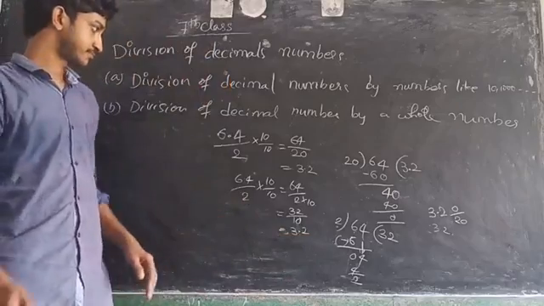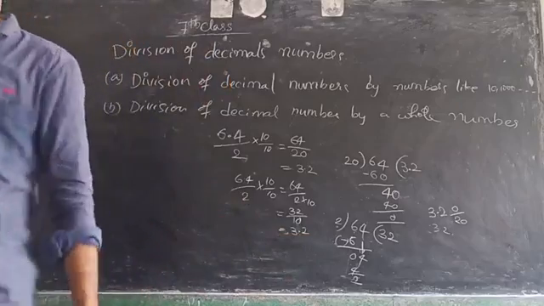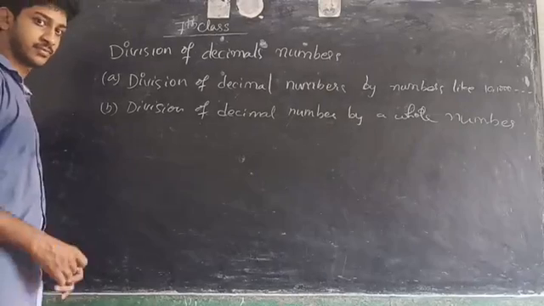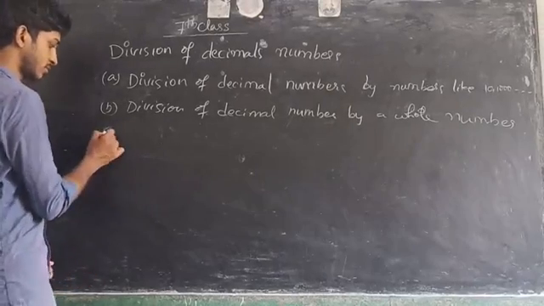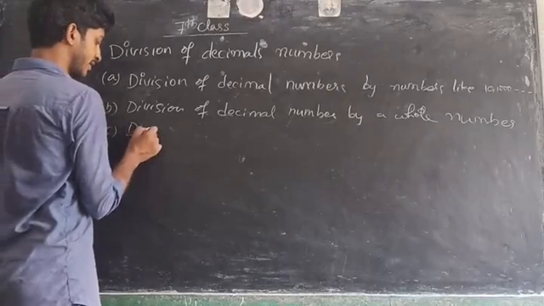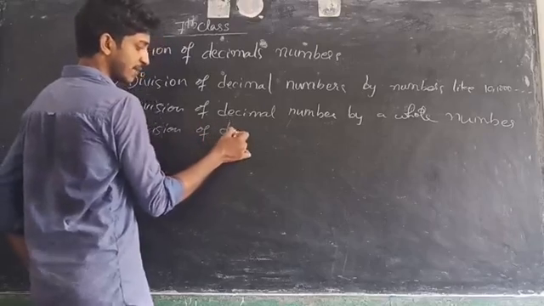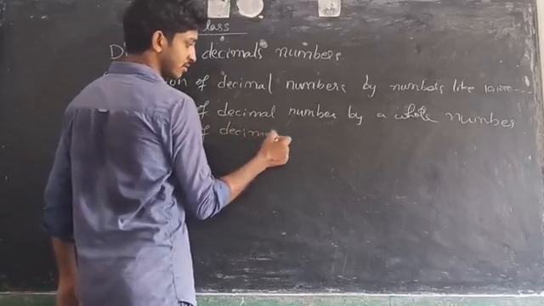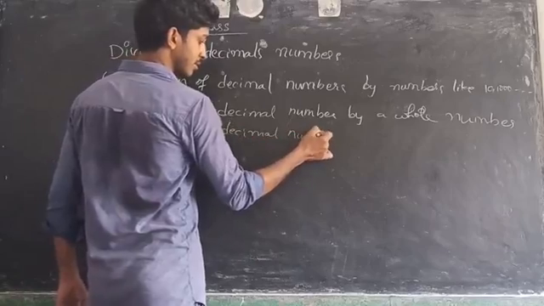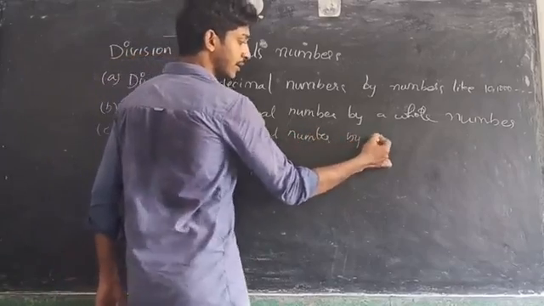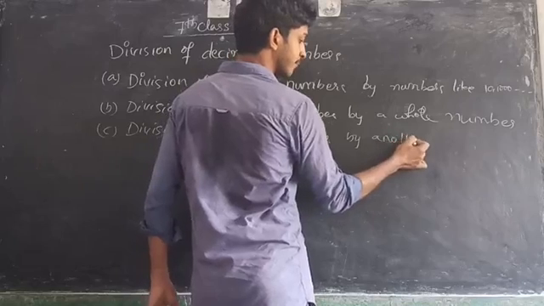Okay children, the third one is division of a decimal number by another decimal number.